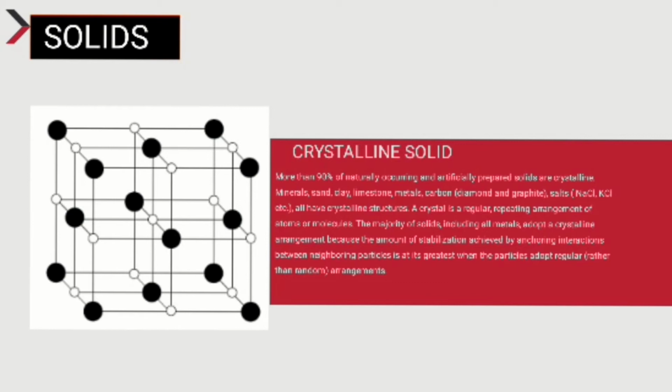The majority of solids, including all metals, adopt a crystalline arrangement because the amount of stabilization achieved by attractive interactions between neighboring particles is at its greatest when the particles adopt regular rather than random arrangements. So examples of crystalline solids are minerals, sand, clay, limestones, metals, and carbon.